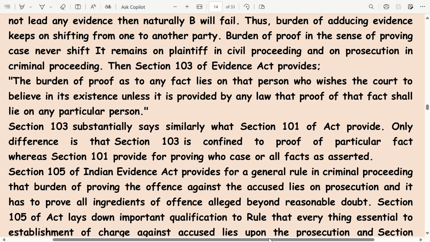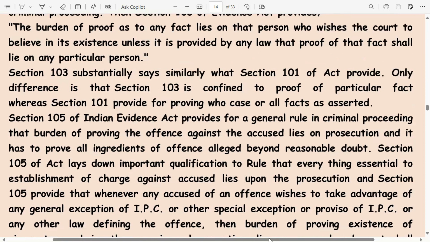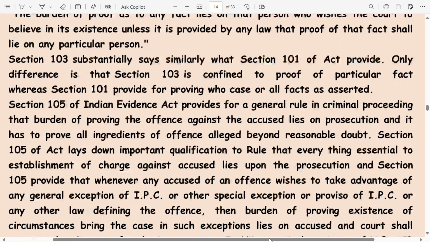Section 105 of the Indian Evidence Act provides for a general rule in criminal proceedings that the burden of proving the offence against the accused lies on the prosecution and it has to prove all ingredients of the offence alleged beyond reasonable doubt. Section 105 of the Act lays down an important qualification to the rule that everything essential to the establishment of the charge against the accused lies upon the prosecution.